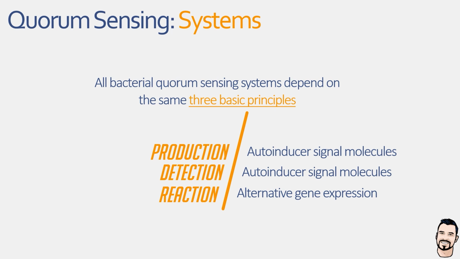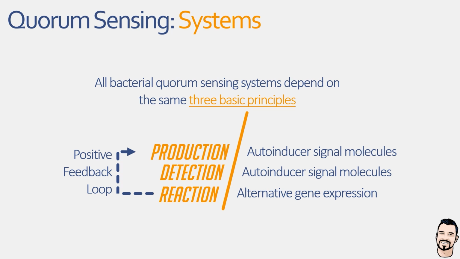Now, a key feature of all quorum sensing systems is that they facilitate a positive feedback loop. You see, once bacteria detect a threshold level of autoinducers, they don't just react, they amplify the process by producing even more autoinducers, which increases detection rates and leads to an amplified reaction, creating that positive feedback loop.